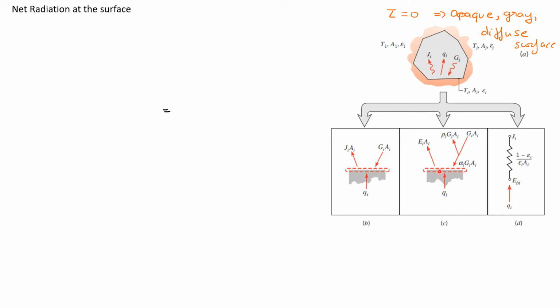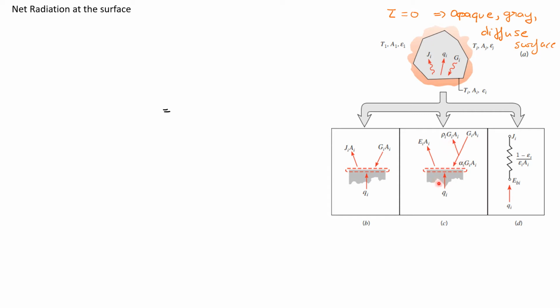So another way of representing B is, instead of showing radiosities, we can show the radiosity in terms of what is emitted by the surface. So the emission by the surface due to its temperature, then whatever is irradiated, a portion of it will be reflected. So we have a reflectivity times G times area, and a portion of it will be absorbed.